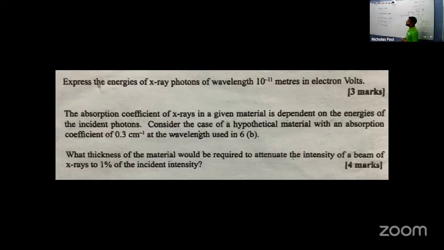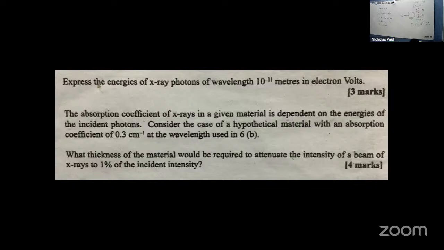How are you doing the first part? How are you converting the wavelength to electron volts? You find the E in joules and then convert the joules to electron volts, right?